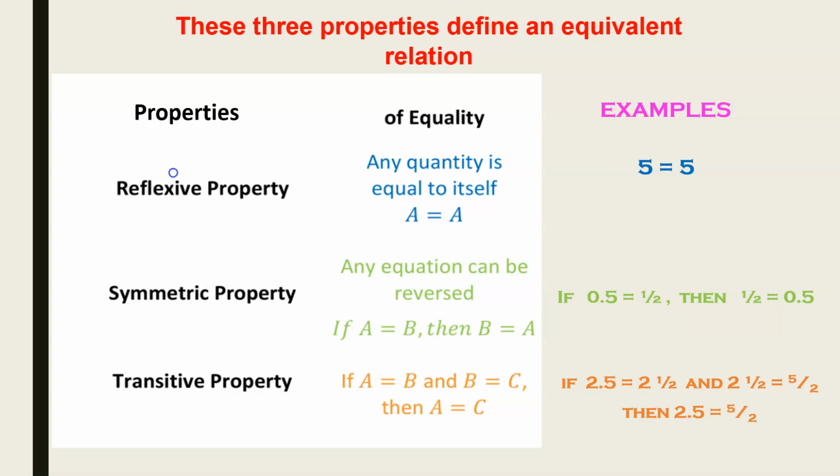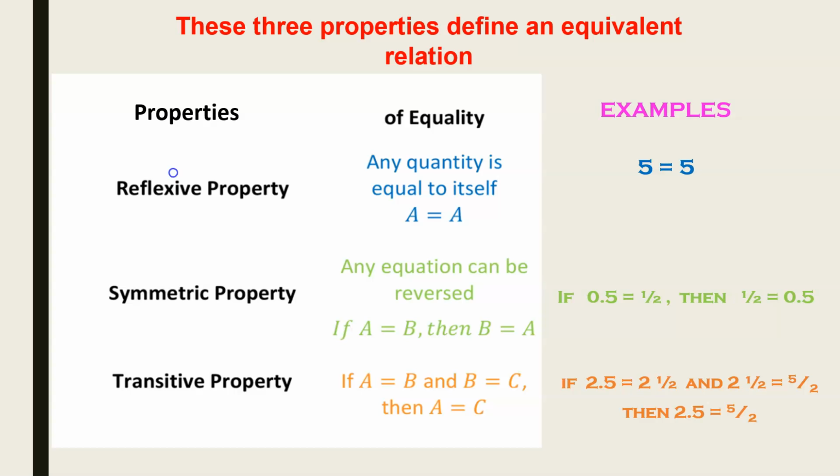We have A equals B. Another statement is B equals C. As you can see, in the middle of these statements, we have B and B. If we remove both B's, we have A equals C. How does it work? 2.5 equals 2 and 1 half.